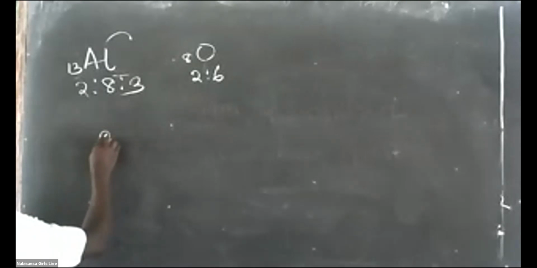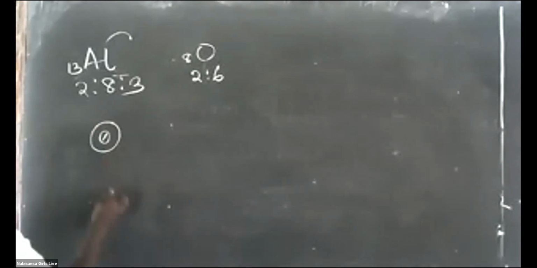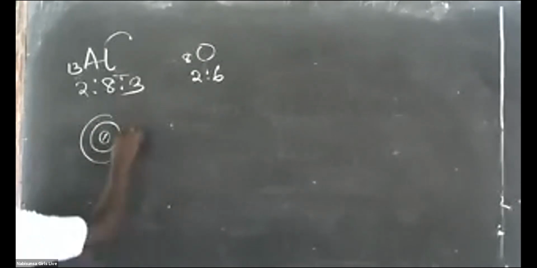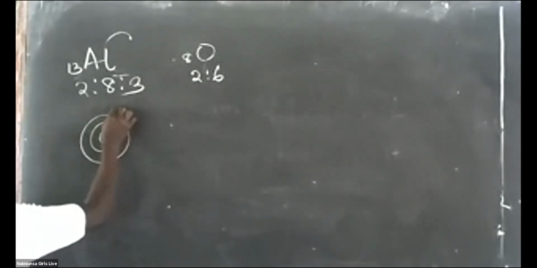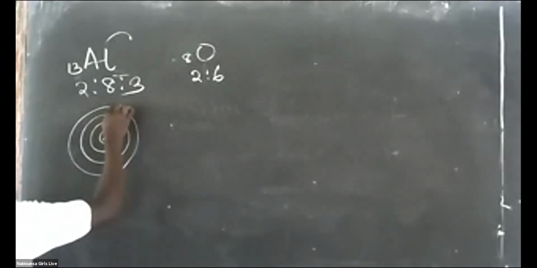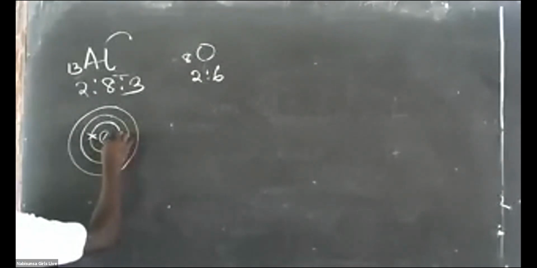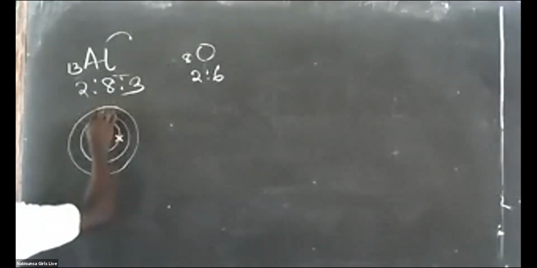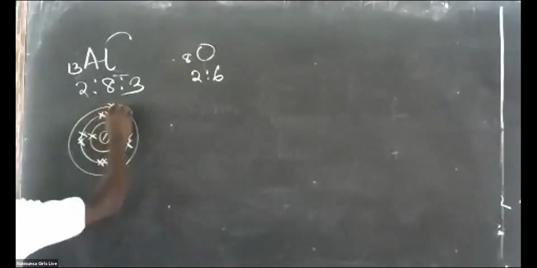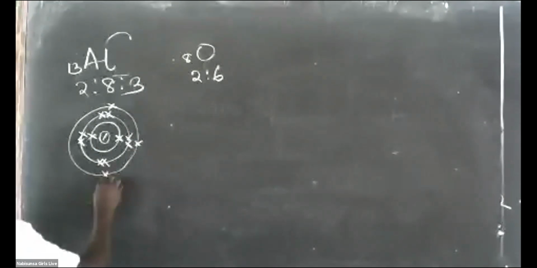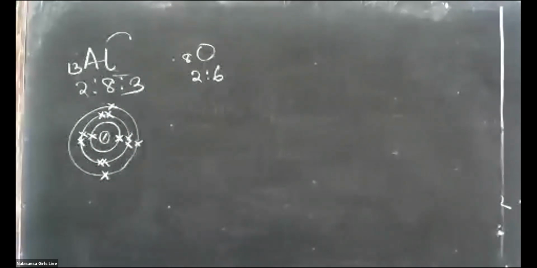If I've got a structure of aluminium, this is the nucleus, the inner energy level, the next energy level, the outer energy level. This aluminium has 2 electrons inside, 8 in the next level, and 3 electrons in the outermost energy level.